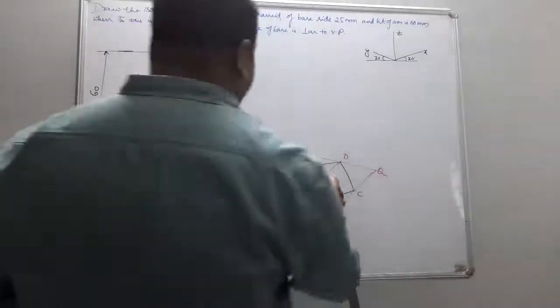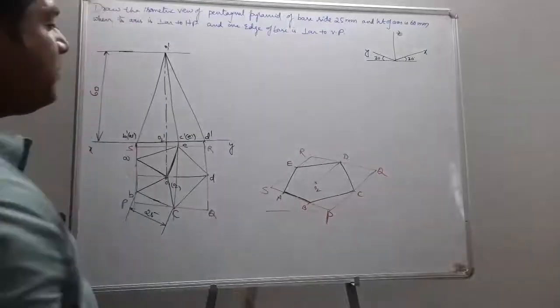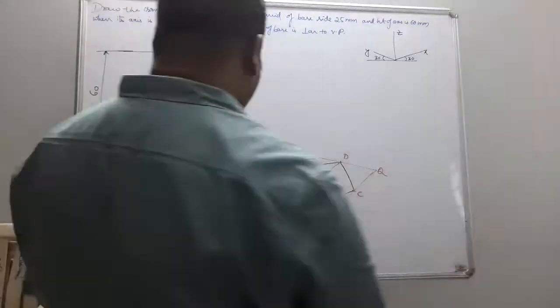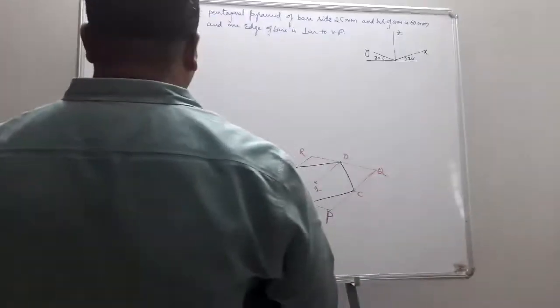Vertical is nothing but the height of the axis. What is the height of the axis? We know that the given height of the axis is 60.